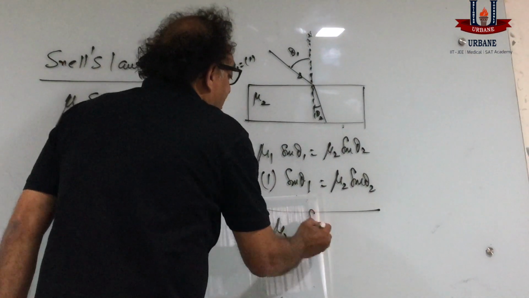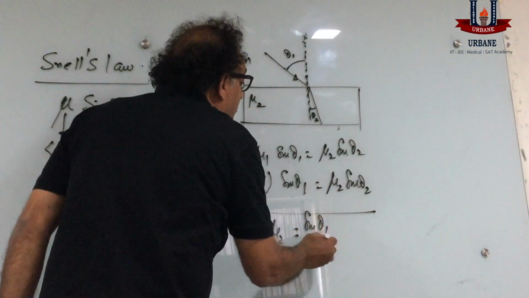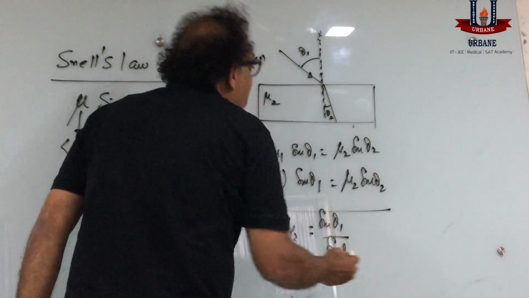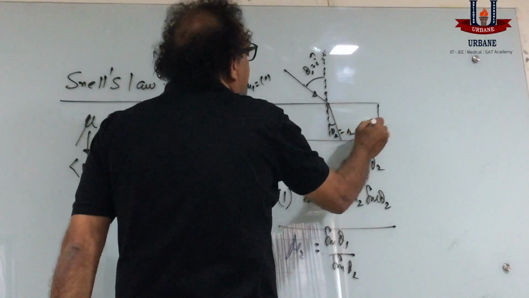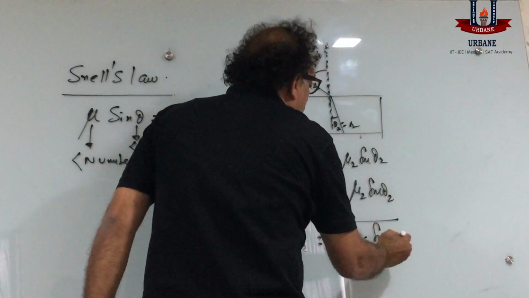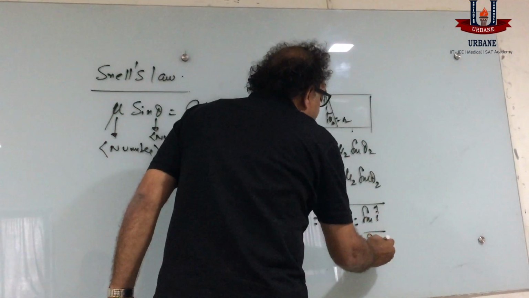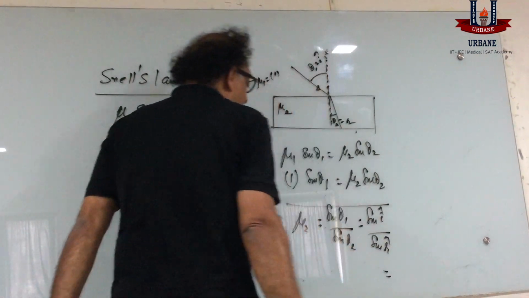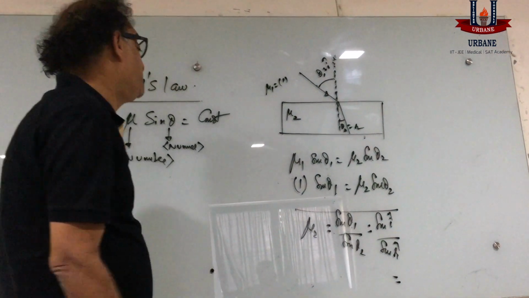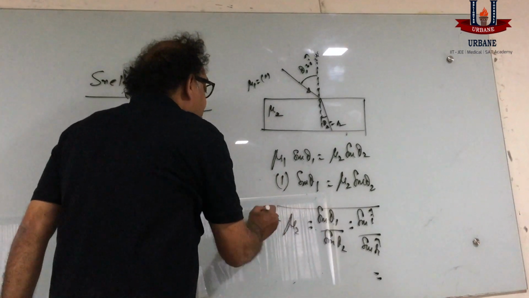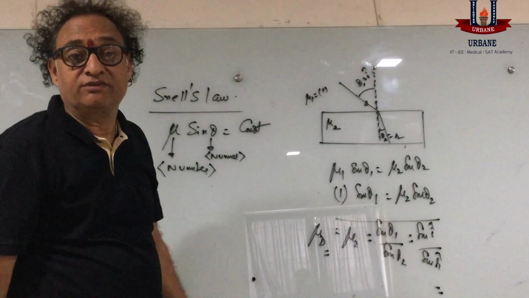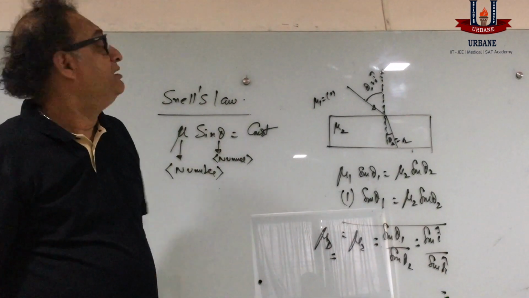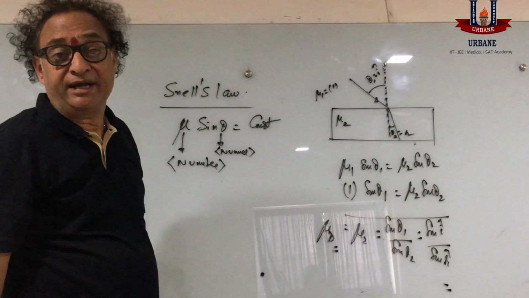So mu 2 is sine theta 1 by sine theta 2. We call this angle of incidence, we call this angle of refraction. So we can also write this as sin I by sin r, which is supposed to be the refractive index of medium 2, which is nothing but the refractive index of the denser medium in comparison with the rarer medium.